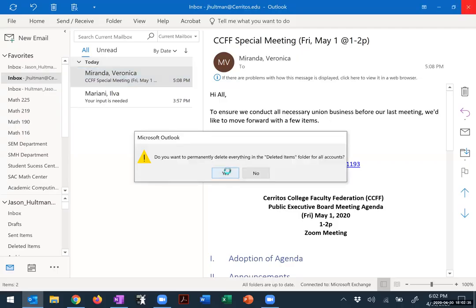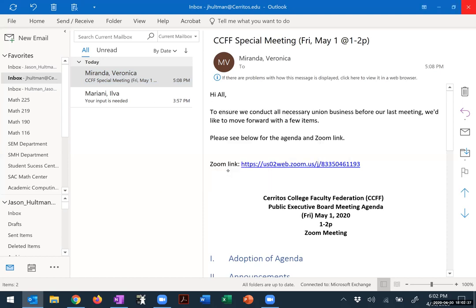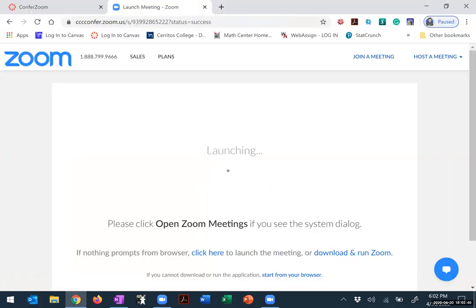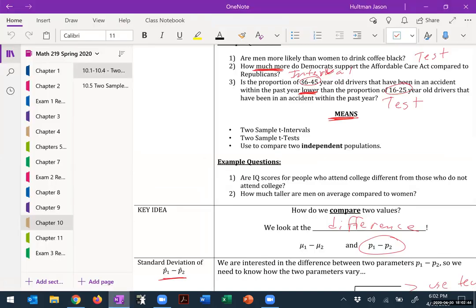Nope, that's not what I want either. Let's go back. Where's my zoomage? Cannot minimize. Yeah, I get that. Share screen. There we go. Not my emails. Boom. Okay. There we go. That should be working now.